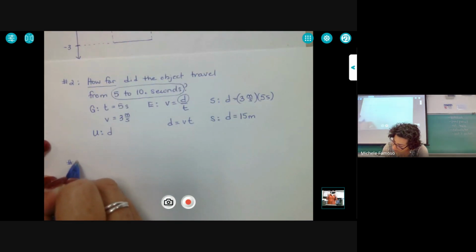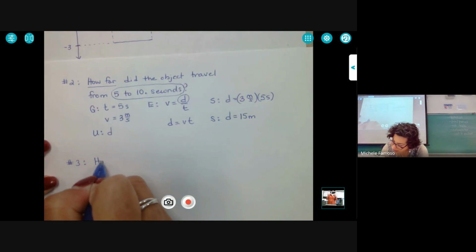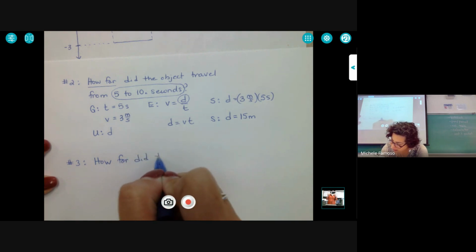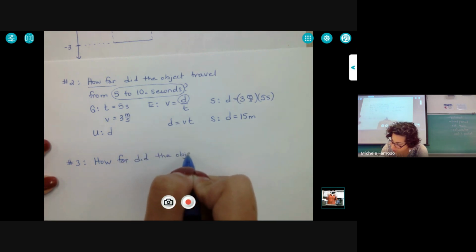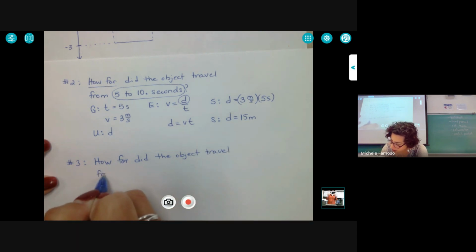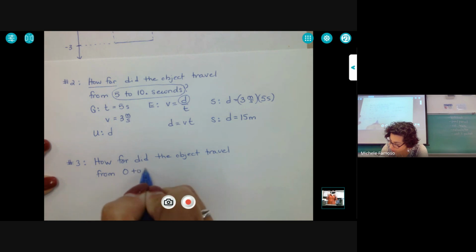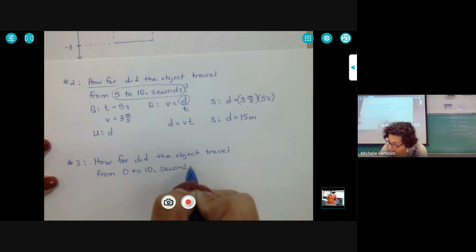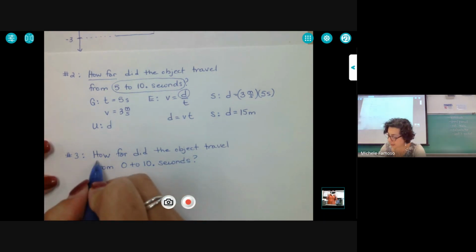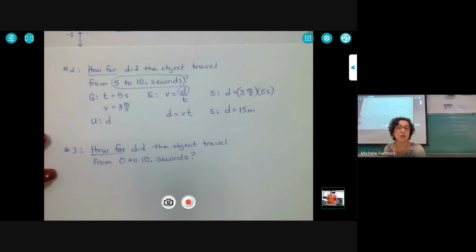Question number 3. How far did the object travel from 0 to 10 seconds? How far means I'm asking you for what?